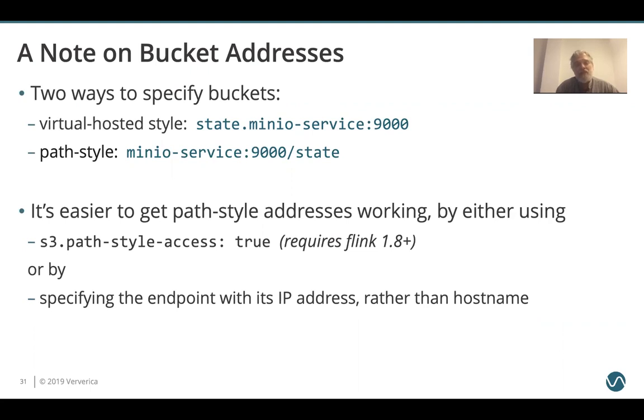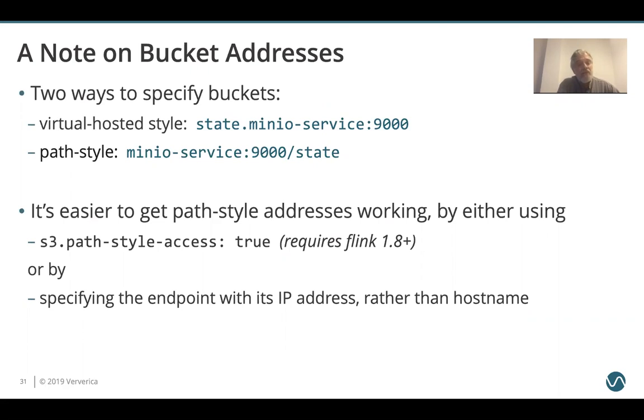I found getting that to work in Kubernetes more trouble than it was worth, and it was much simpler to use the path style naming you see there, where it's minio-service/state. While that's much easier to get working in Kubernetes, it turns out that getting Flink to use that style of addressing is a bit challenging.